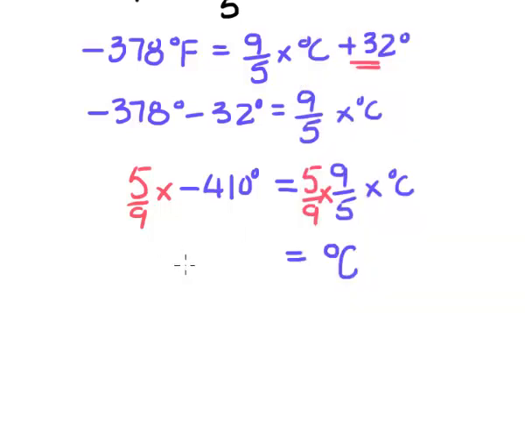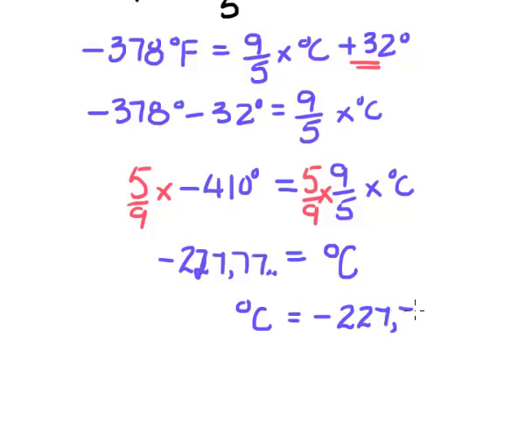Now correct to 2 decimal places, it's going to be negative 227.78 degrees Celsius, which is our final answer.